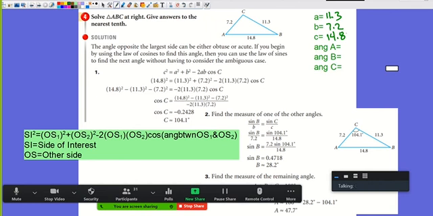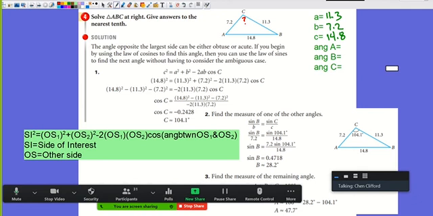And what they did, basically, they found angle C first. You just do what we did in the first two problems, like number 3.